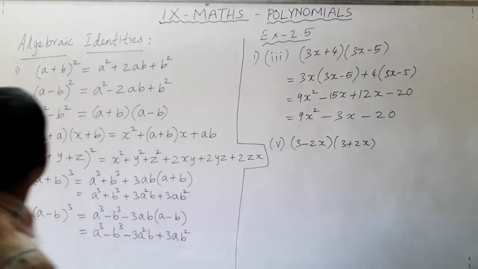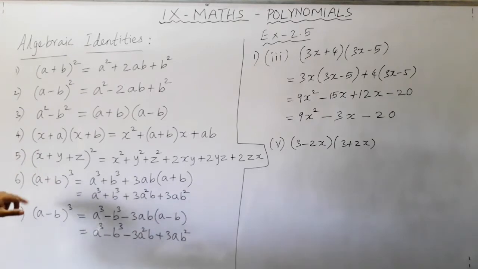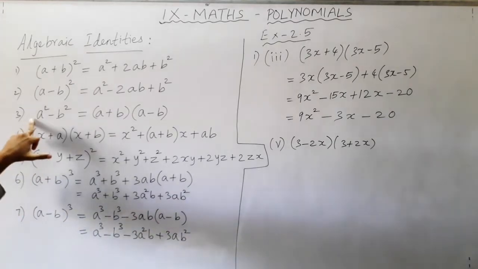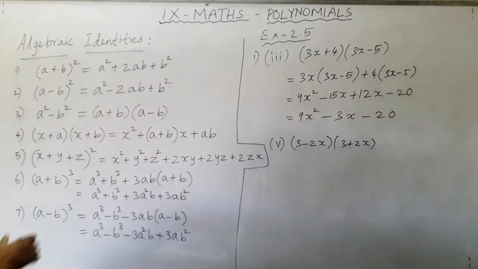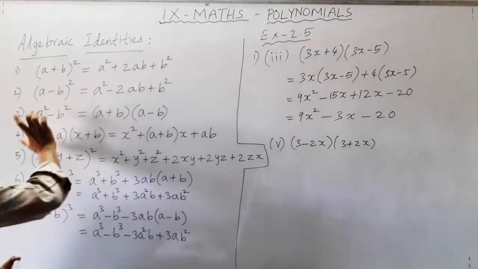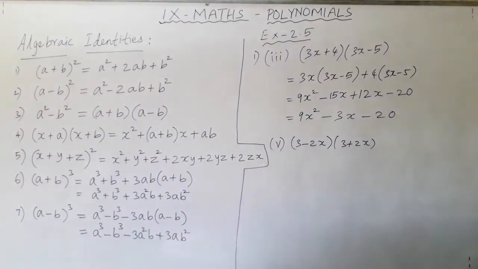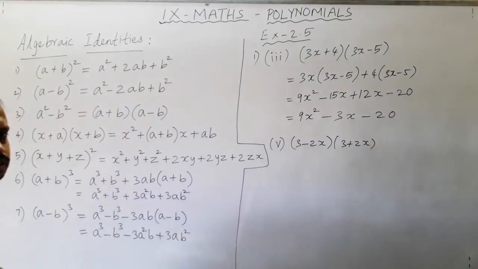Which identity? The fourth identity is also applicable there. And you see the third identity, (a + b) into (a - b). So left hand side is equal to right hand side. In the same way, right hand side is equal to left hand side. Am I right? So this is of the form of the third identity.